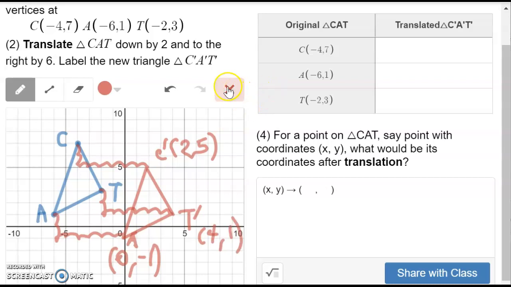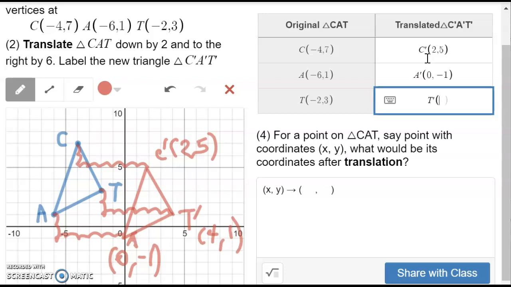So I am going to type that in here. The C prime has a coordinate of 2, 5. And A prime has the coordinate of 0, -1. Then finally T prime has the coordinate of 4, 1.